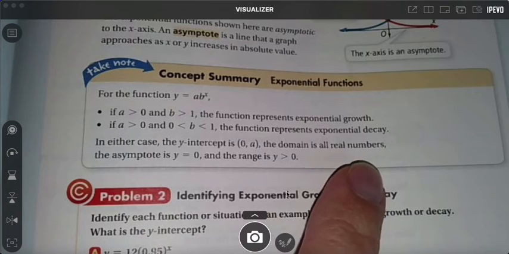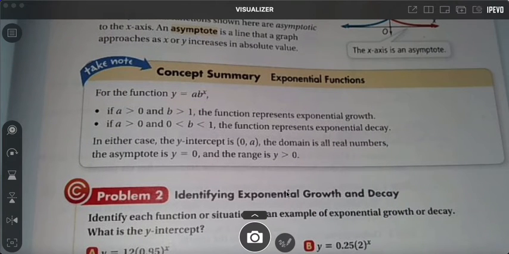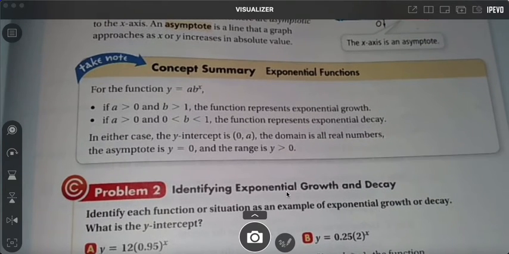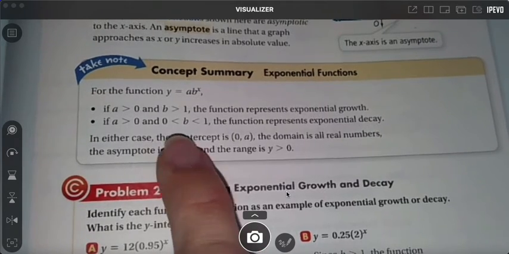It's a lot of words. So let me just say, without all these words, what they're trying to tell you. The number b that's raised to that exponent, if it's between 0 and 1, like 0.5 or 0.8 or 3/4, those numbers are smaller than 1, right? A positive number, but smaller than 1, then it's going to be exponential decay. That's what it's saying right here.